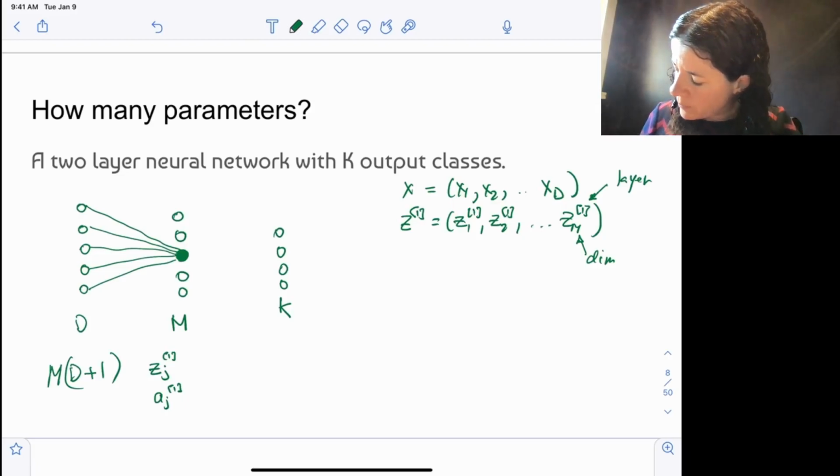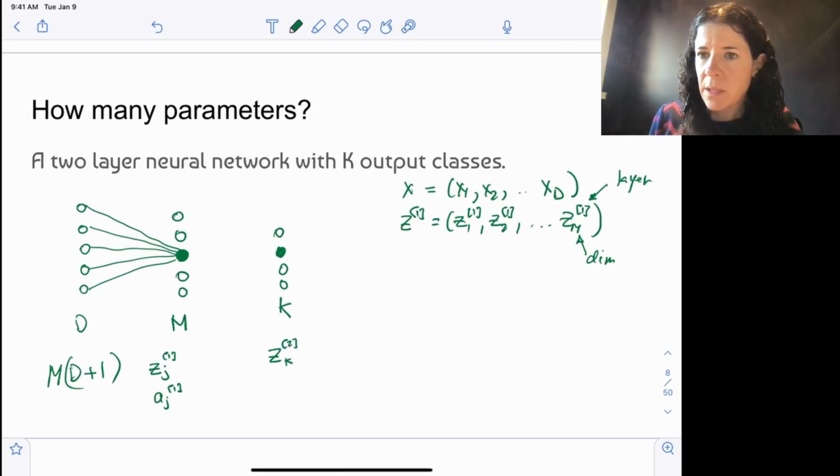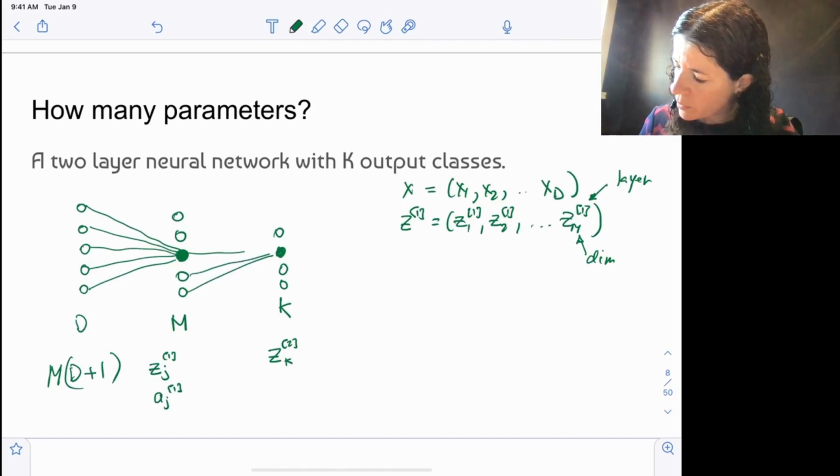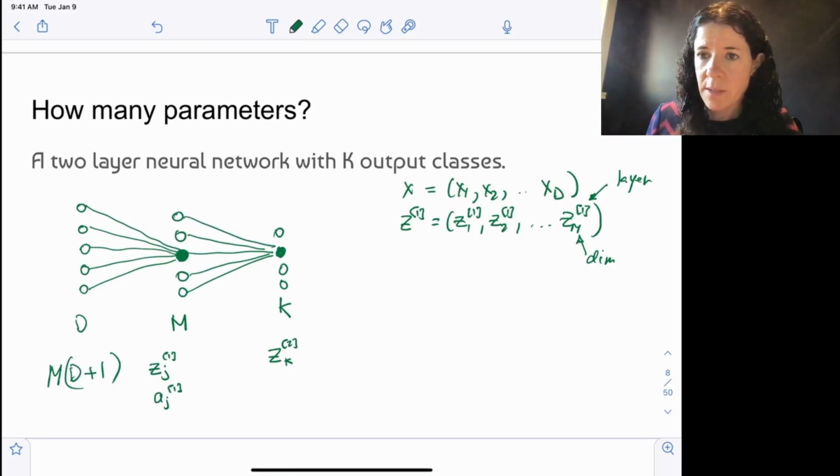In a similar way, if you think about computing here, say, z2 for k, to compute z2 for k, we're basically going to take as an input this hidden layer that has m elements. So we're going to have to have m weights plus a bias.